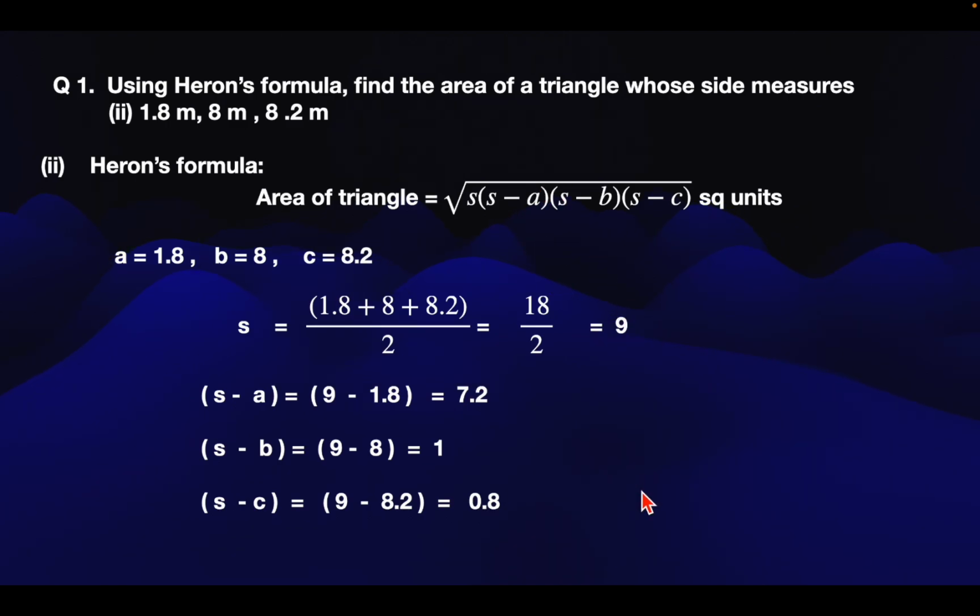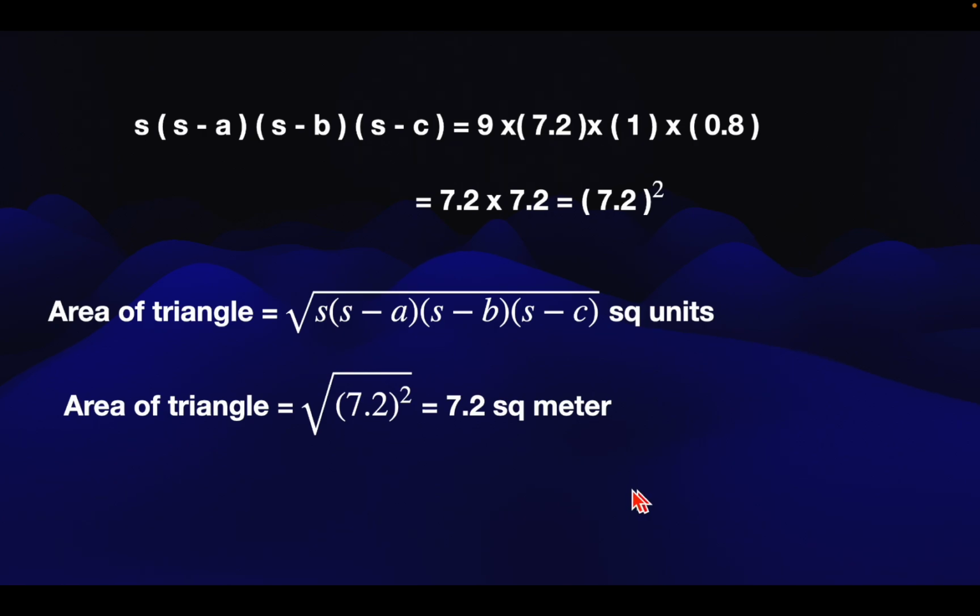Now let us substitute. Here it is, I've simplified it further, and the square part I have written in indices like this. s is 9, s minus a is 7.2, s minus b is 1, s minus c is 0.8. If you multiply 9 with 0.8, you get 7.2.